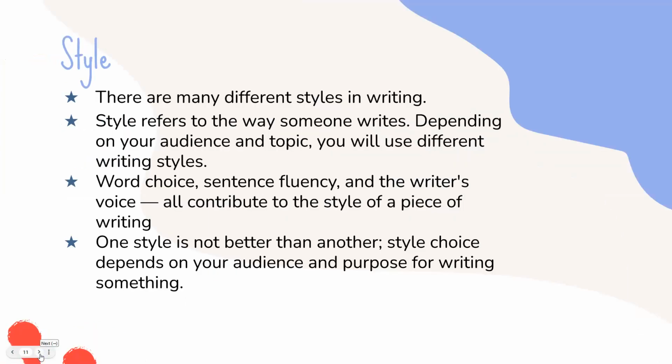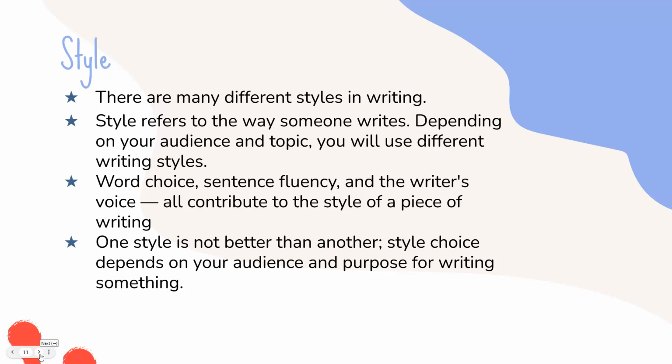And then in terms of style, there are many different types of styles in writing. Style again refers to the way you write something, and again, depending on your purpose and your audience, you will use different styles. Part of deciding what type of style to use involves word choice.